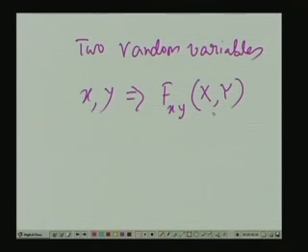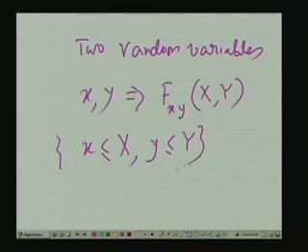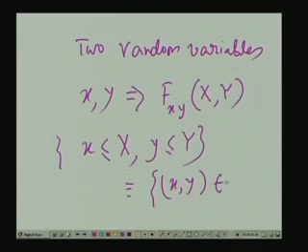We consider the event: this random variable x taking value less than or equal to some given number capital X, y taking value less than or equal to some given number capital Y, which actually means this pair is taking value from a particular region D in the xy plane.